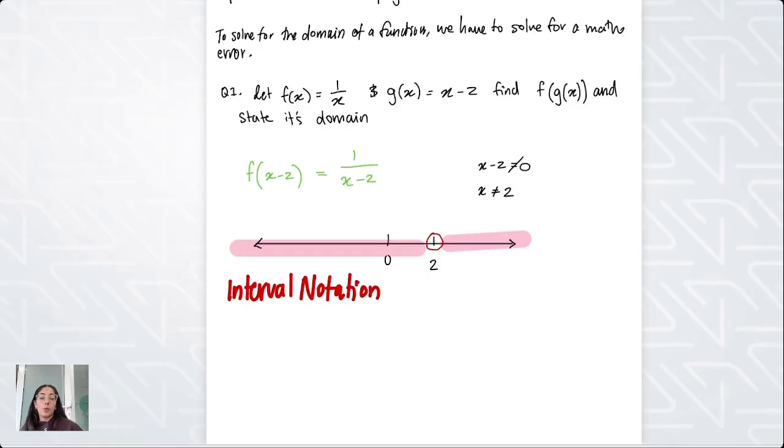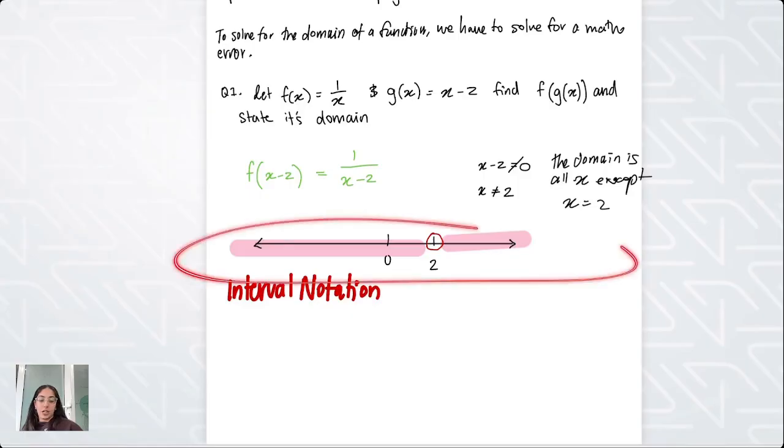So, for example, I can write the domain is all x except x equals 2. I can write that, but there is a mathematical way to write that as well, which is basically whatever is represented on this number line. And I'm going to explain interval notation to you guys right now.